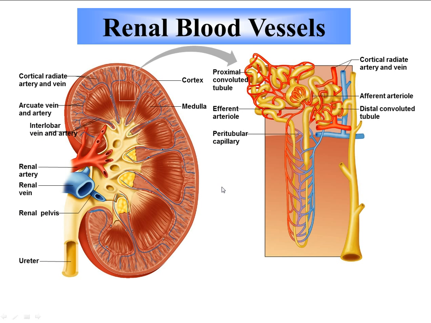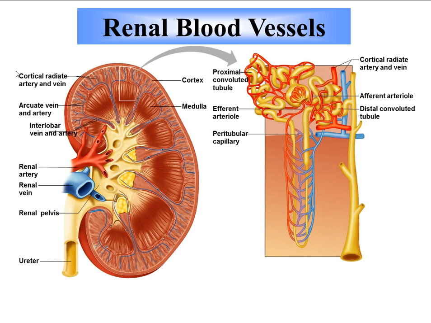Now before we talk in more detail about the nephron, let's talk about how the kidney gets its blood supply. When you were studying blood vessels, you know that the blood is supplied by the renal artery.